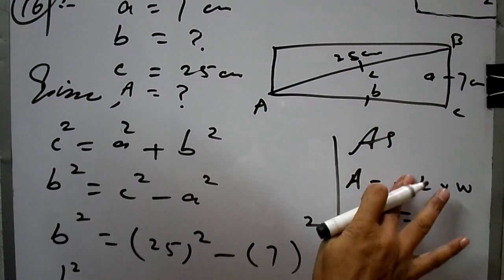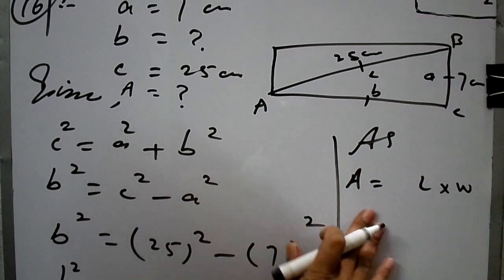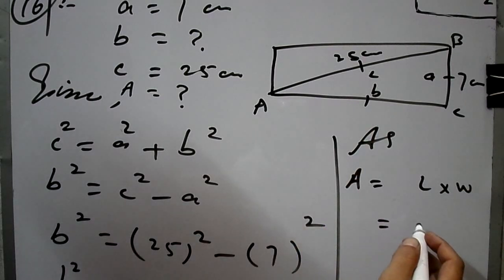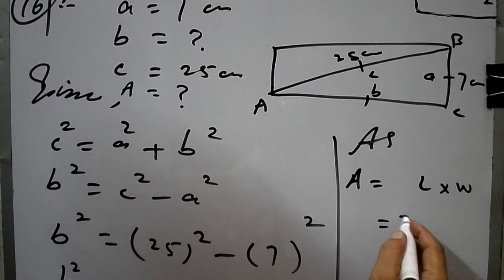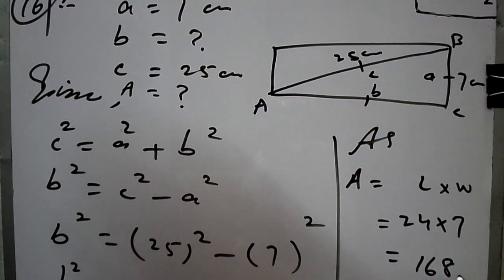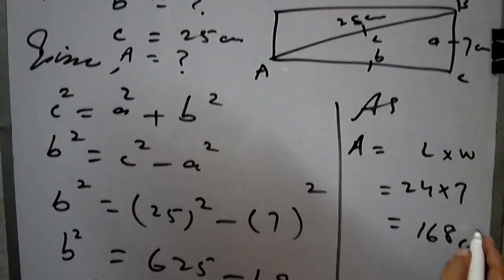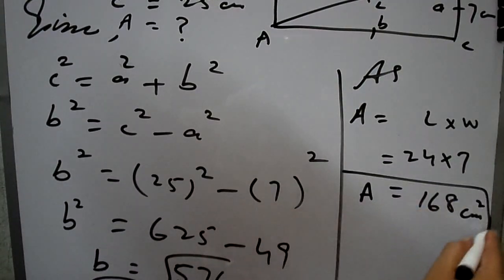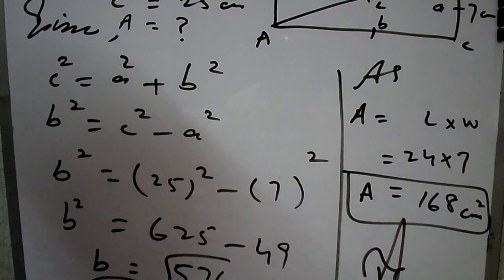So we have length, which we have just calculated, 24, and width is given, that is 7. Multiply it, and you will get 168 centimeter square, that is your area. So that is the required result.